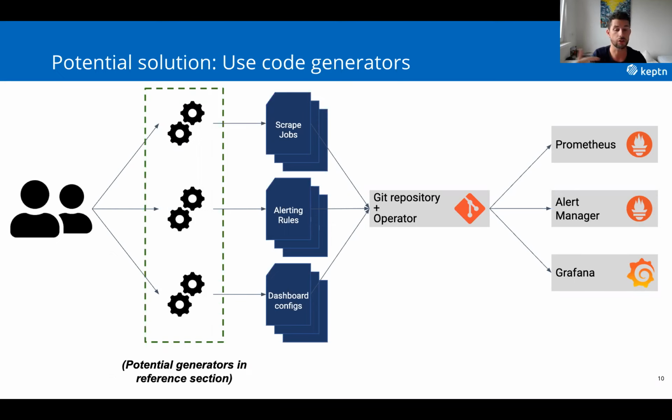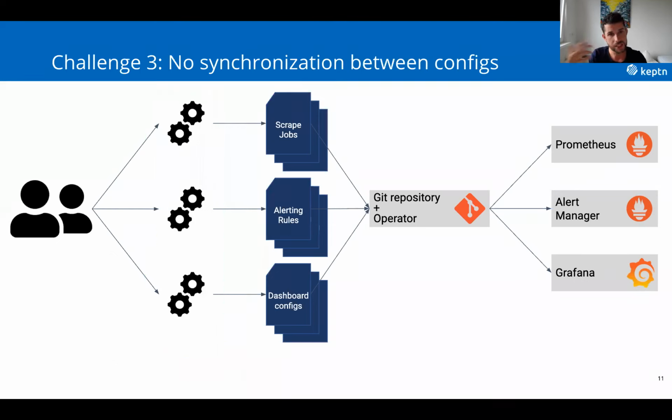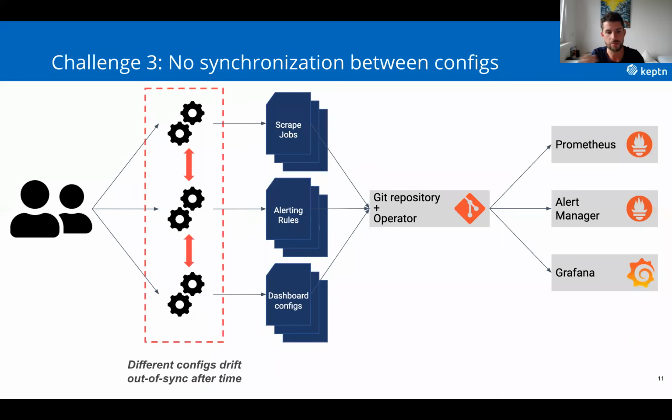You can generate your configuration. But still, since those configurations are of different kinds and you won't apply the same configuration to all of those tools, they might drift out of sync. It might be that a recording rule, a scrape job, or an alerting rule might contain different information than the dashboarding configuration.